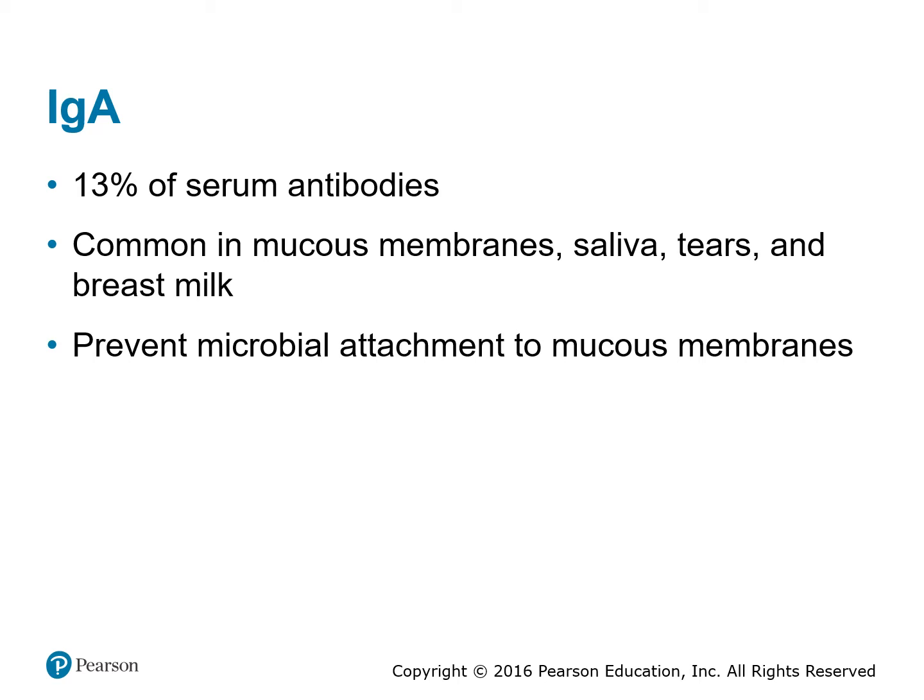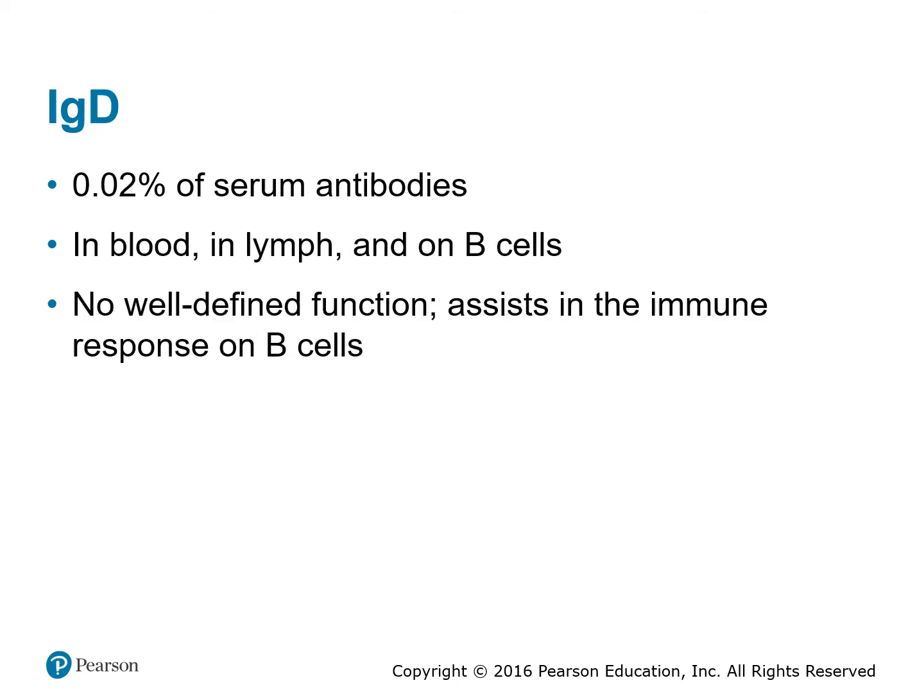Immunoglobulin A helps prevent the attachment of the microbes to mucous membranes. There is another antibody known as immunoglobulin D, and this one makes about 0.02% of the total antibodies in your plasma. You can find it in your blood, in your lymph fluid, even on the surface of your B cells.